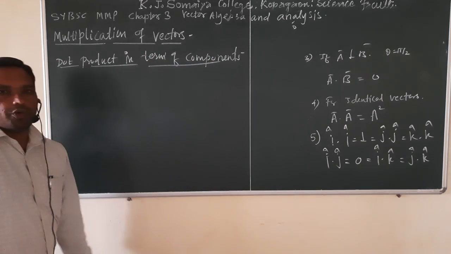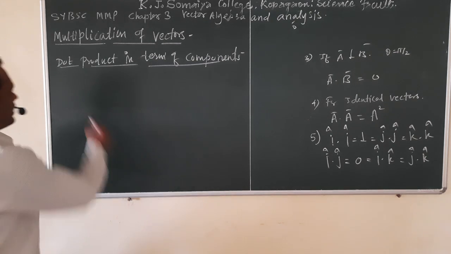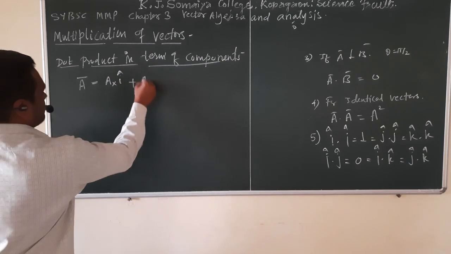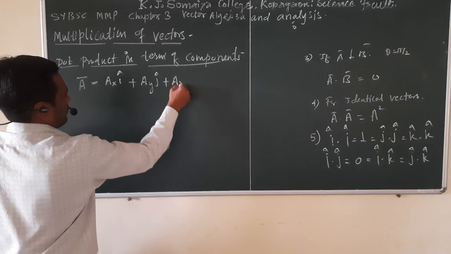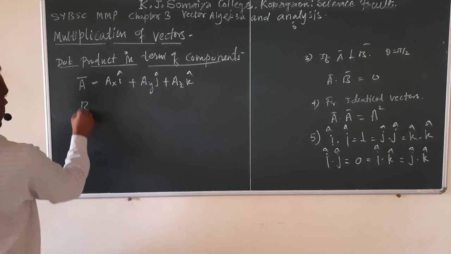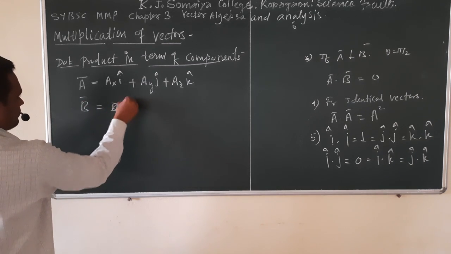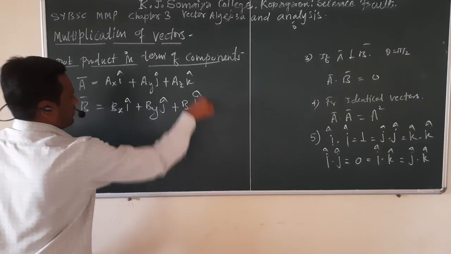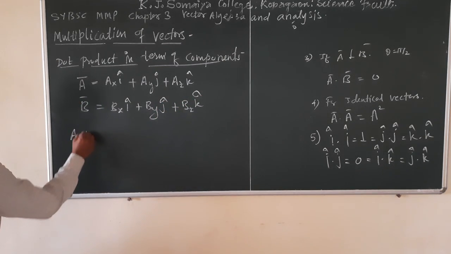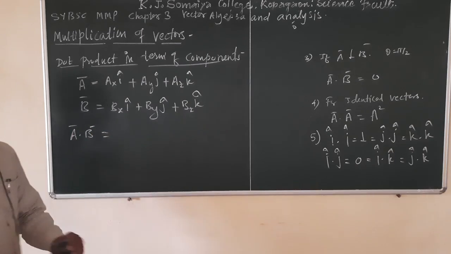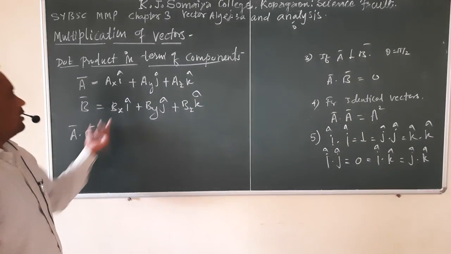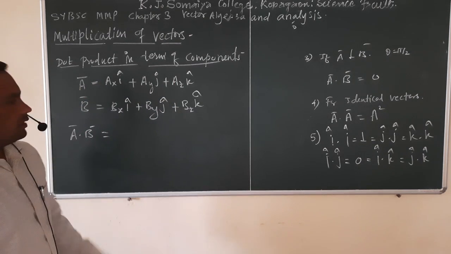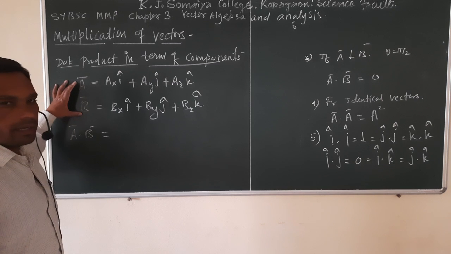In terms of components, suppose we have two vectors which can be represented like this, and another vector which is like this, and you have to take the dot product of these two vectors, vector a dot b. These are the rectangular components of these two vectors. So how can their dot product be found?